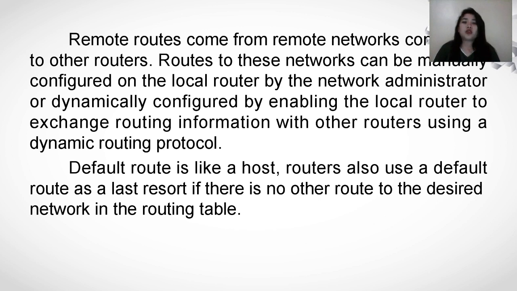Routes to these networks can be manually configured on the local router by the network administrator or dynamically configured by enabling the local router to exchange routing information with other routers using a dynamic routing protocol. Default route is like a host. Routers also use a default route as a last resort if there is no other route to the desired network in the routing table.